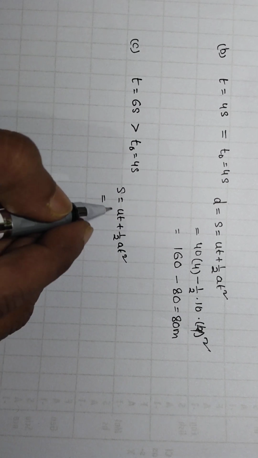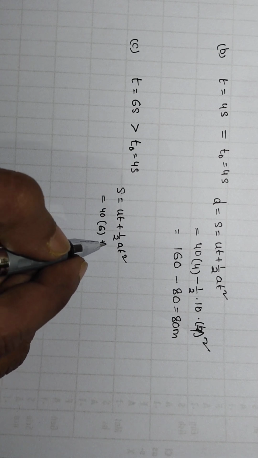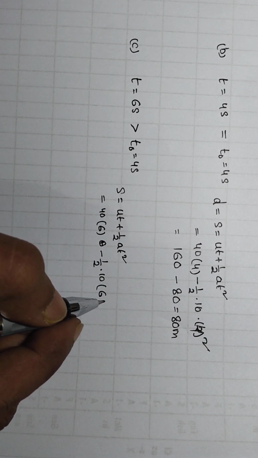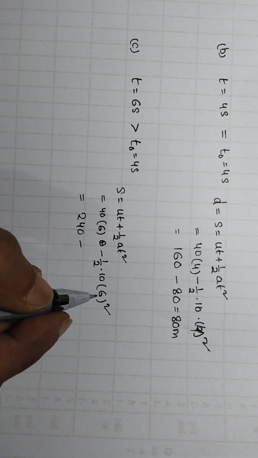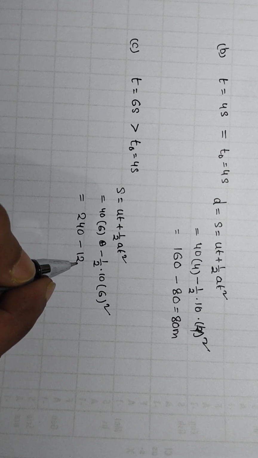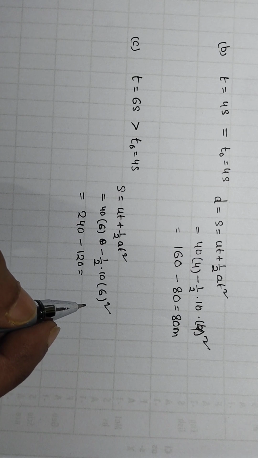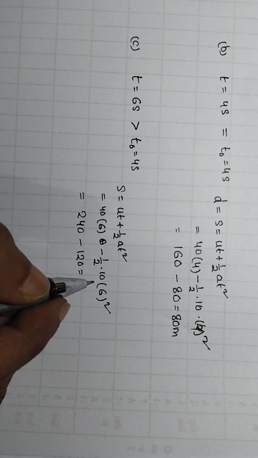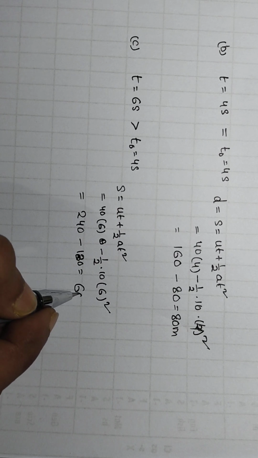Then substitute the values: 40 into 6, plus minus half of a, 10, into t, 6 seconds whole square. That means 240 minus 180, which is 60 meters displacement.